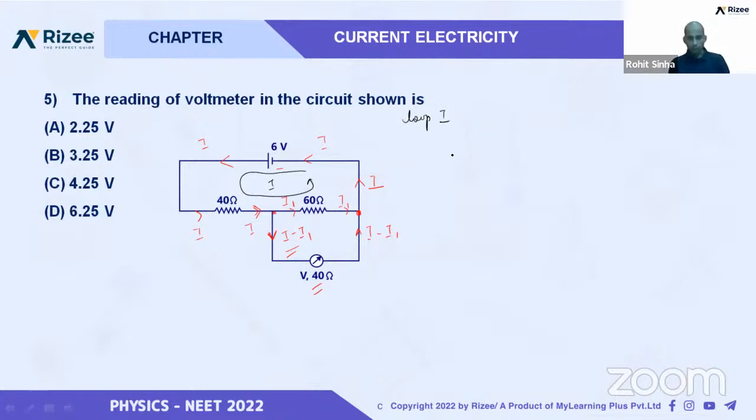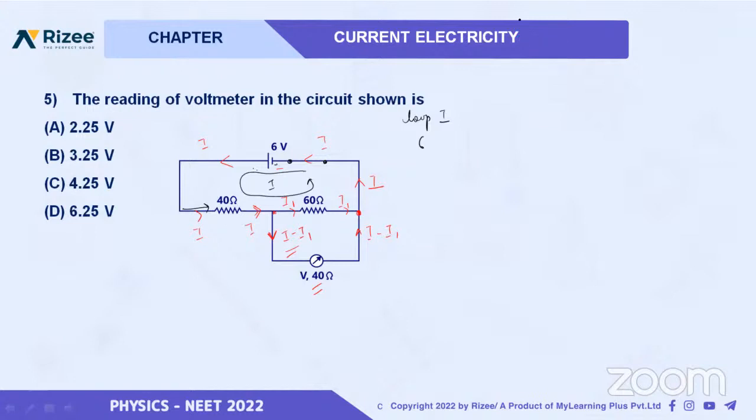I will write the loop 1 equation. Starting from here, I am moving from low potential to high potential, so I will take it as plus 6. Now from here it is 40 ohm.